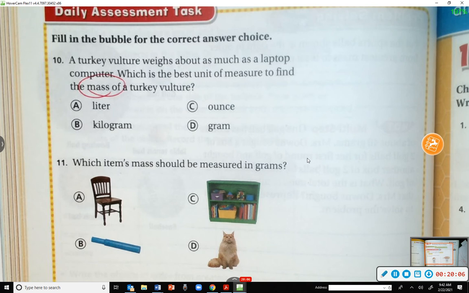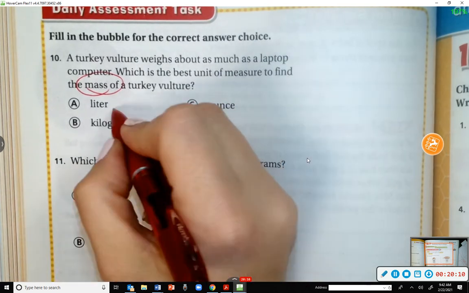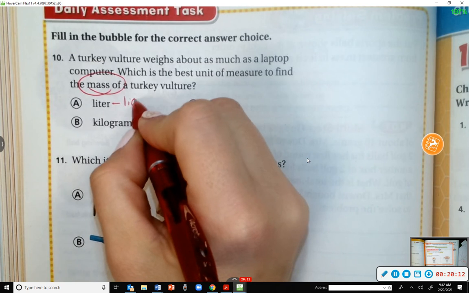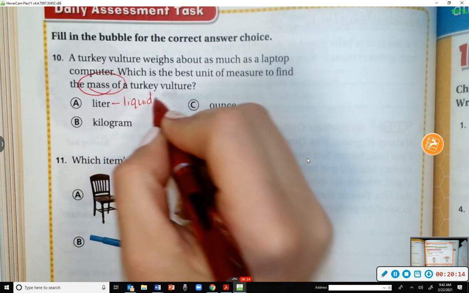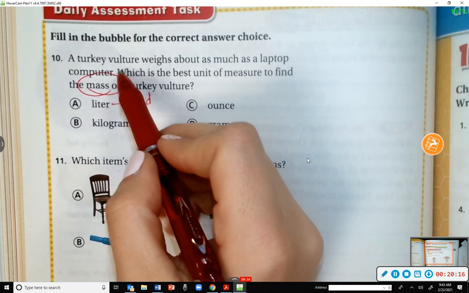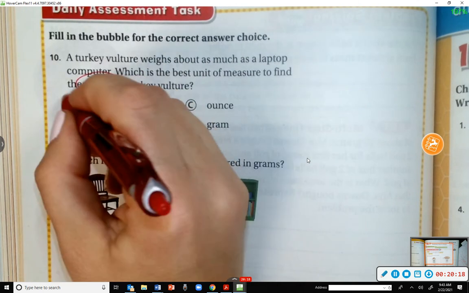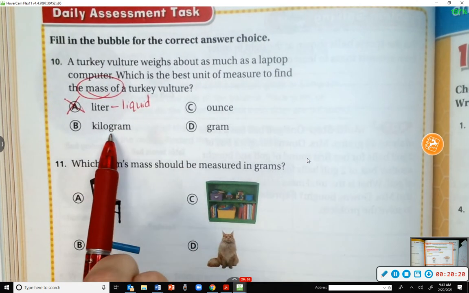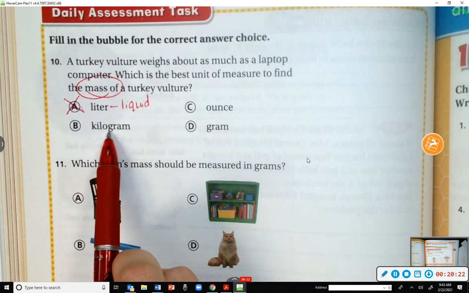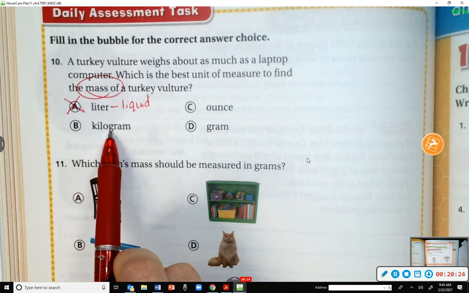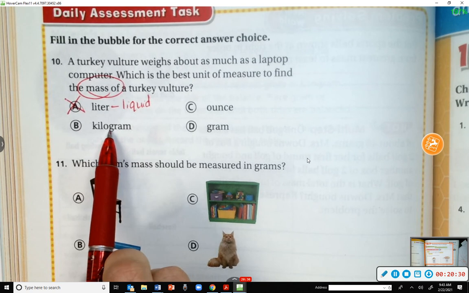Would we use liters to measure mass? No, liters has to do with liquid, right? But a turkey vulture is not liquid. Okay? Kilogram? Yes. Would we use that to measure mass? Yes. Is it possible for a turkey vulture to weigh in kilograms?